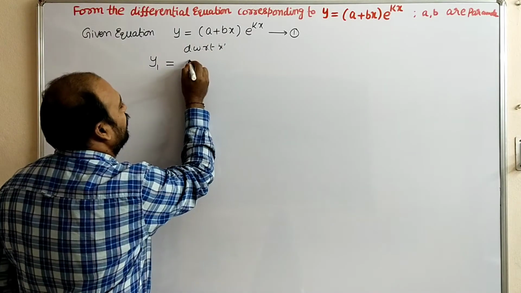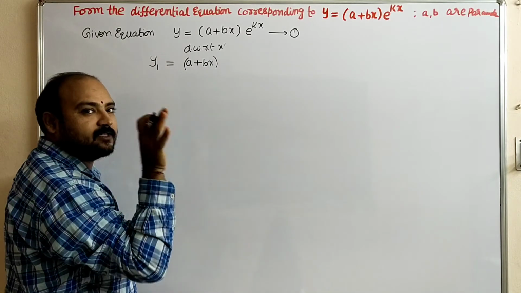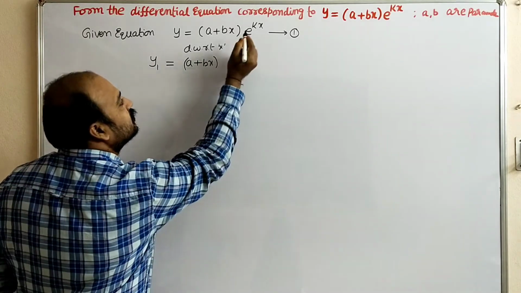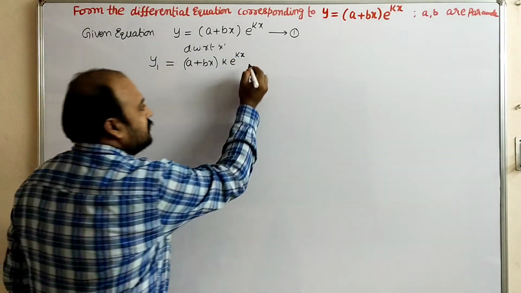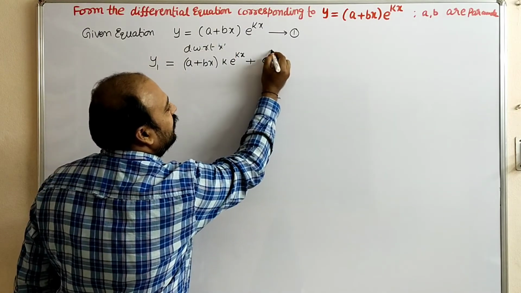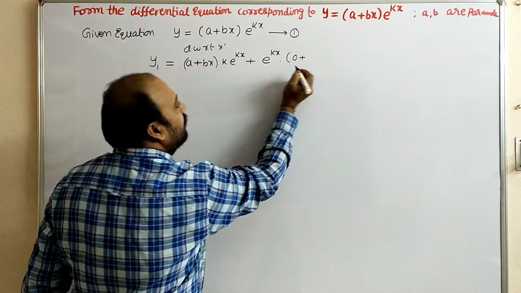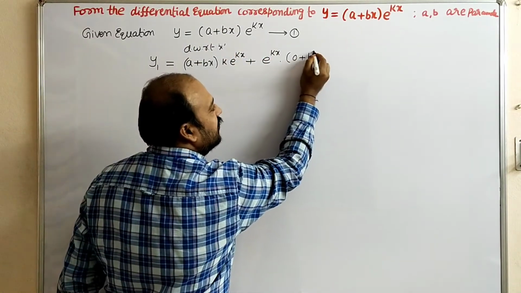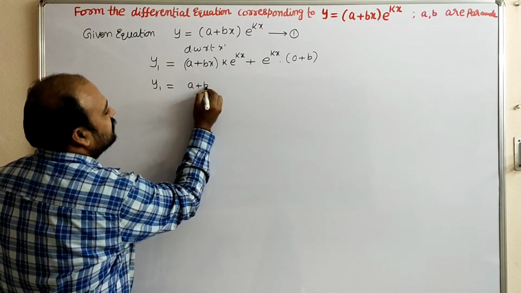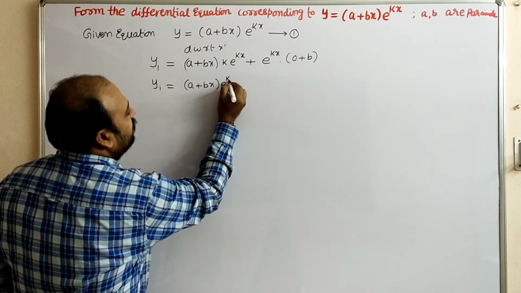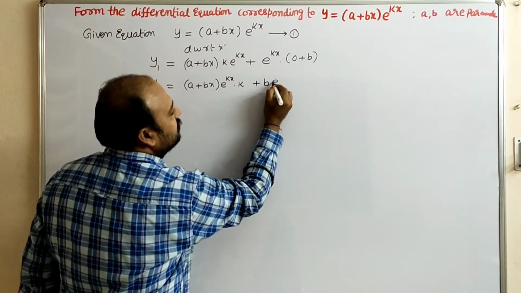So first function (a + bx) into d/dx of e^(kx). d/dx of e^(ax) is a e^(ax), so in place of a, what is there? k e^(kx), plus second function e^(kx) into d/dx of first function: d/dx of a constant is 0, plus d/dx of bx, b constant, x derivative is 1. So y1 = (a + bx) e^(kx) into k + b e^(kx).